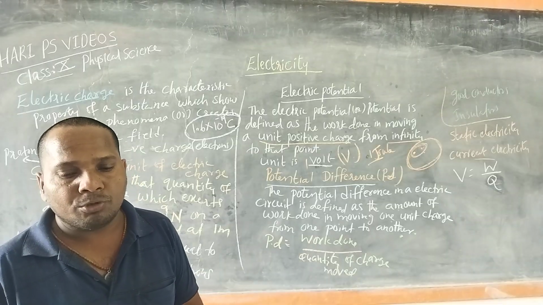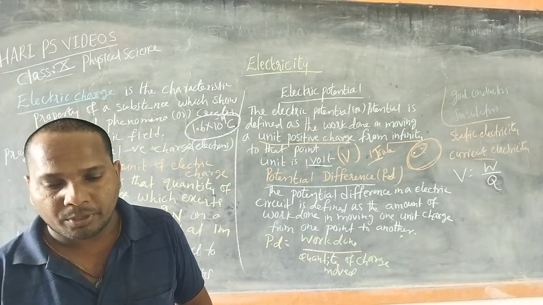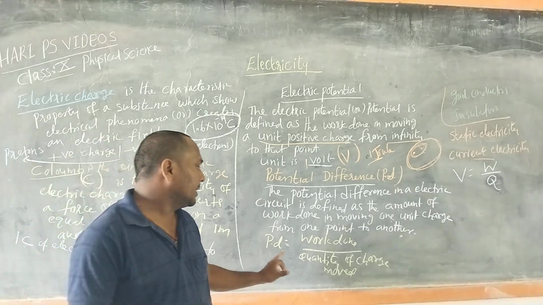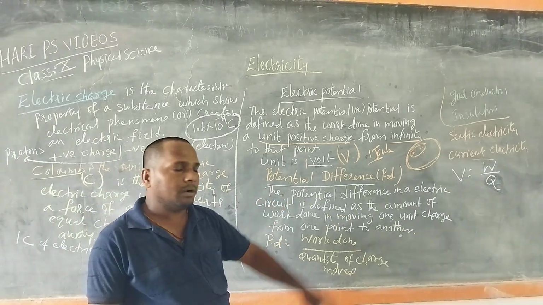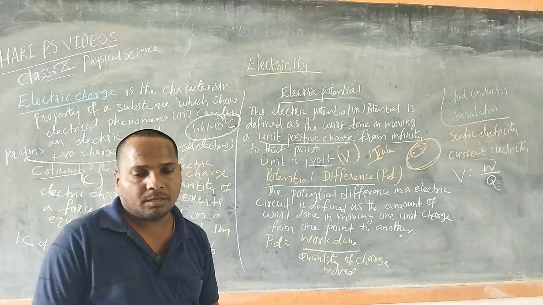The SI unit of potential difference is volt, denoted by the letter V. Potential difference is sometimes written as PD. Same unit, volt.